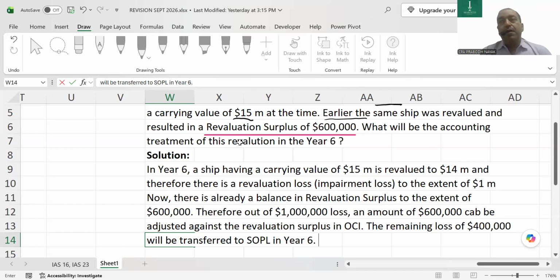But as I told you, only if there is a policy to that extent of the company. If the company does not have such a policy, then it cannot be. Right? So that is very important for us to understand.